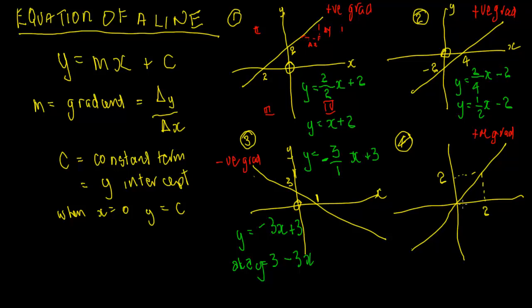Now I should point out that sometimes the y-intercept is 0, so it's not as easy to work out the gradient. That's why I've dotted these little ones in here. So for this one here, the equation of this graph is y equals, it's positive, so that's all good, 2 over 2 x plus 0.